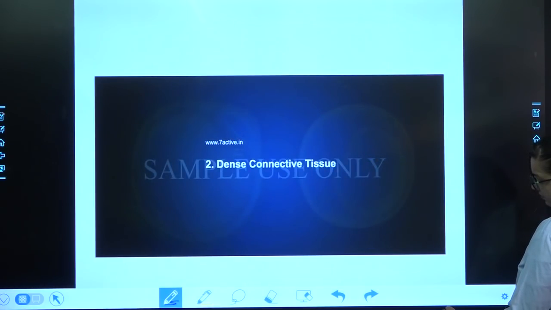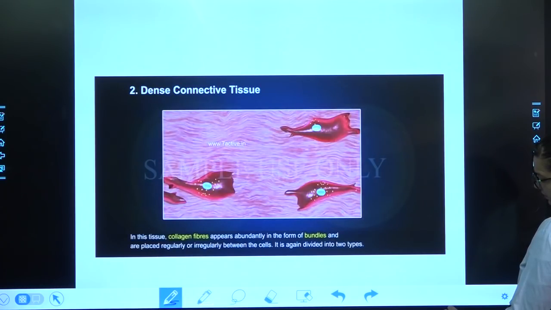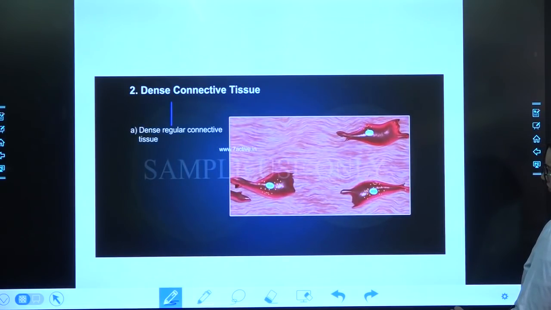Two, dense connective tissue. In this tissue, collagen fibers appear abundantly in the form of bundles and are placed regularly or irregularly between the cells. It is again divided into two types. A. Dense regular connective tissue.